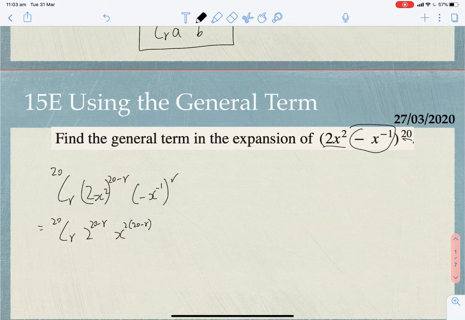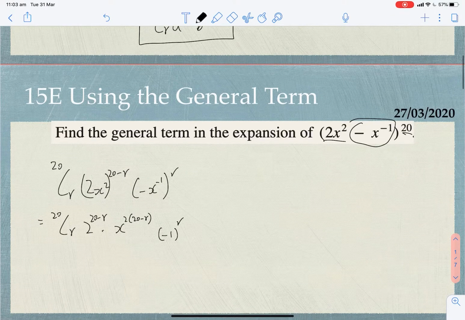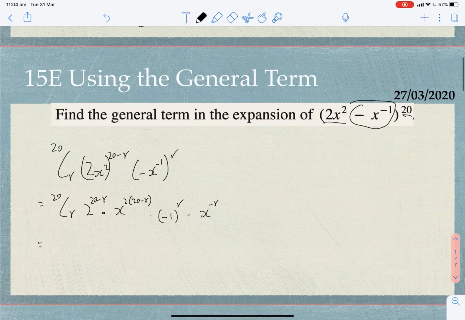For the next bit, you've got a negative there, you can separate it as negative 1 to the power of r, all times x to the power of negative 1 to the power of r. So again, by the index law, it becomes x to the power of minus r. So let's put all the numbers at the front: 2 to the power of 20 minus r times negative 1 to the power of r.